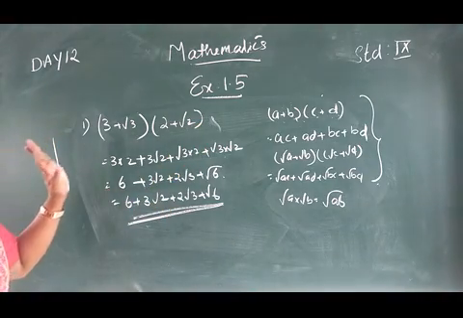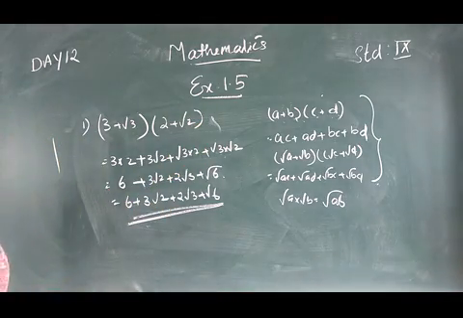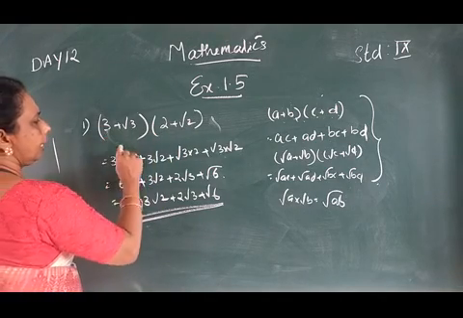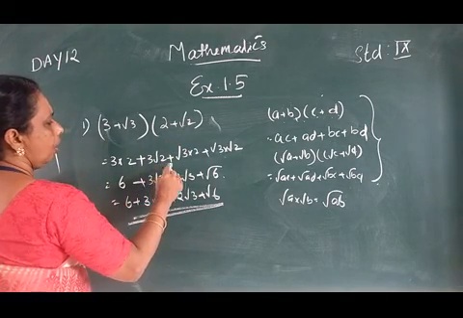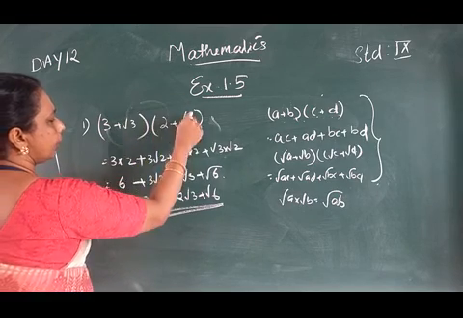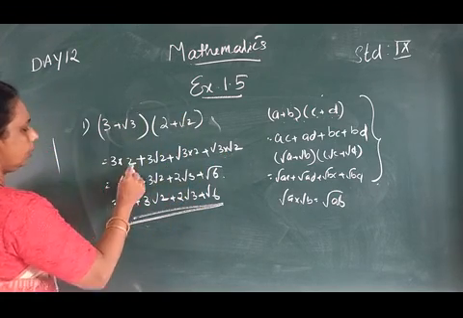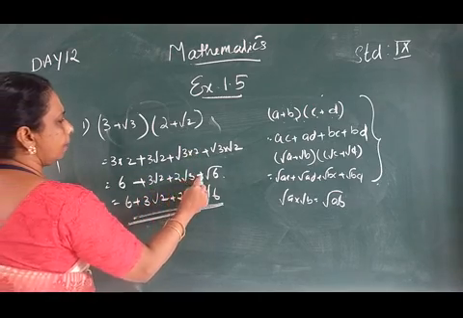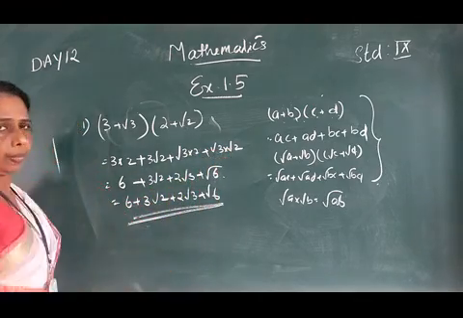Anyway, you can use any one of the expansions for this problem. 3 into 2 plus 3 into root 2 plus root 3 into 2 plus root 3 into root 2, that is 6 plus 3 root 2 plus 2 root 3 plus root 6.